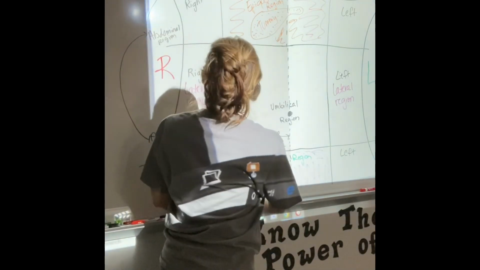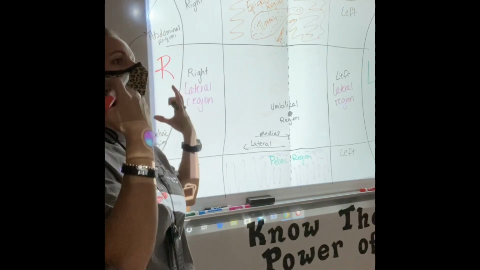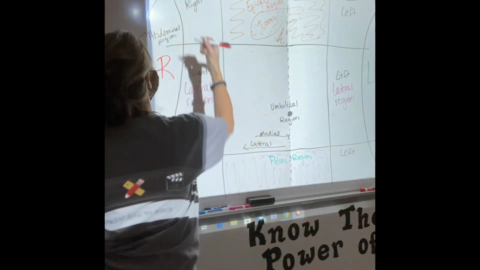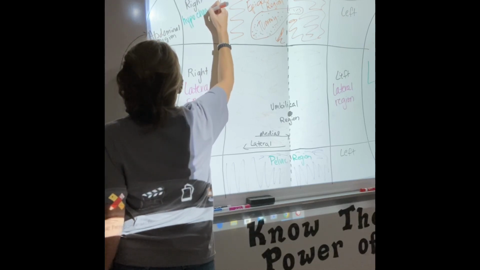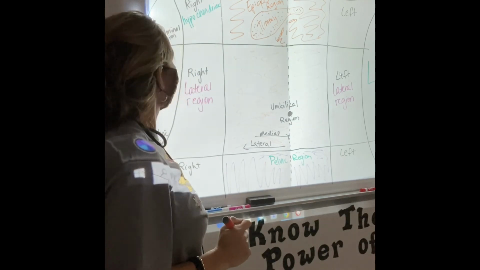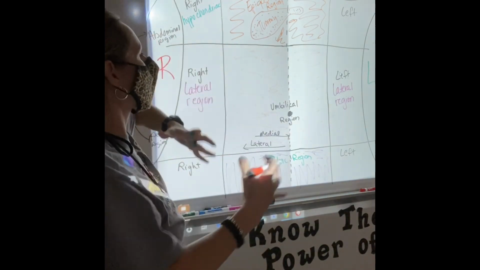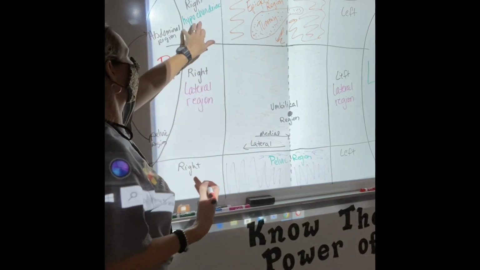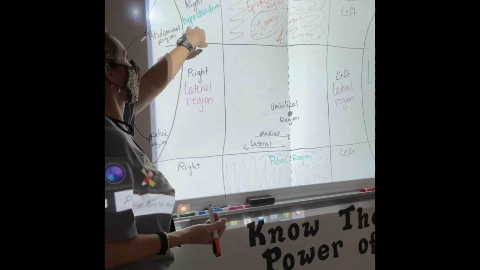That word is hypochondriac: somebody who constantly thinks there's something wrong with them. Also, some of our prefixes we'll dig into as we go. Hypo and hyper are reference words.